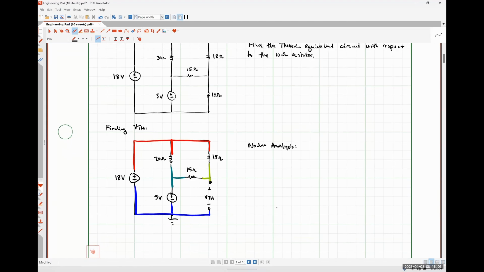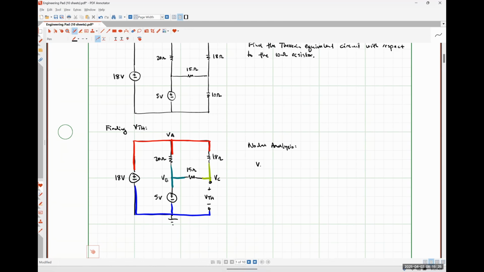Now I'm going to assign my nodal voltages. So this is going to be VA up top, VB over here, VC over here. I don't have any controlling variables to worry about, so I can skip that step. I do have 2 voltage sources, so I'll have 2 voltage relationship equations.